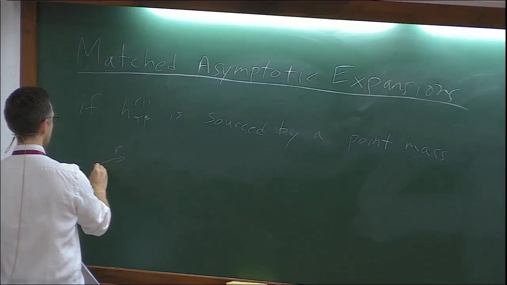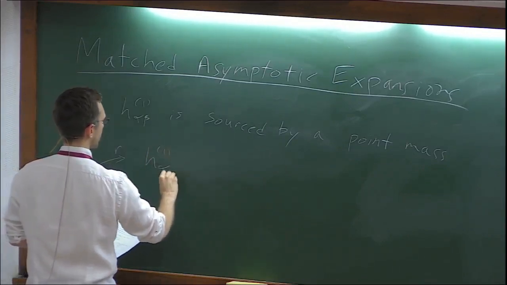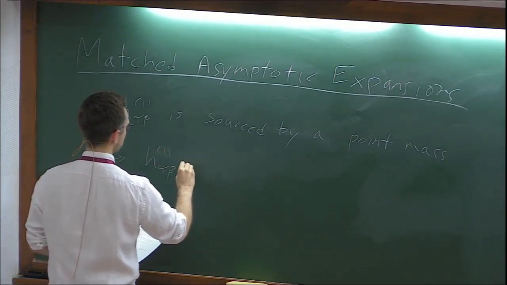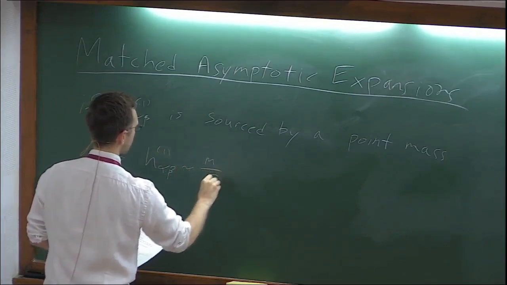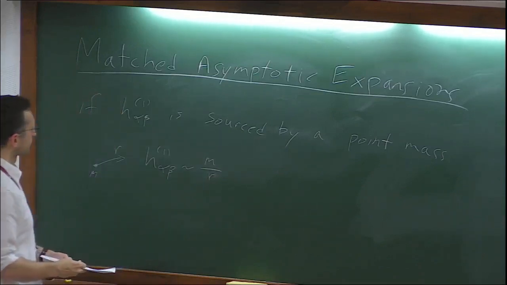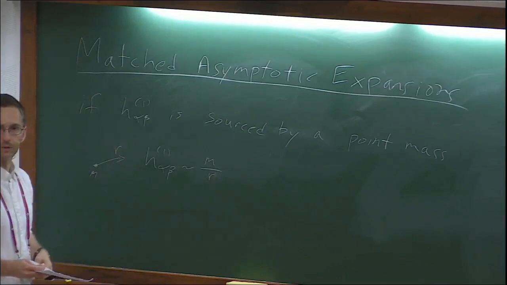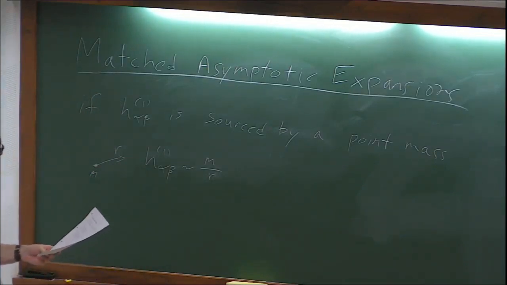Well, then very near the particle, H1 is going to look like just a Newtonian potential, m over r. So that diverges at the position of the particle, as you'd expect for a point mass field.